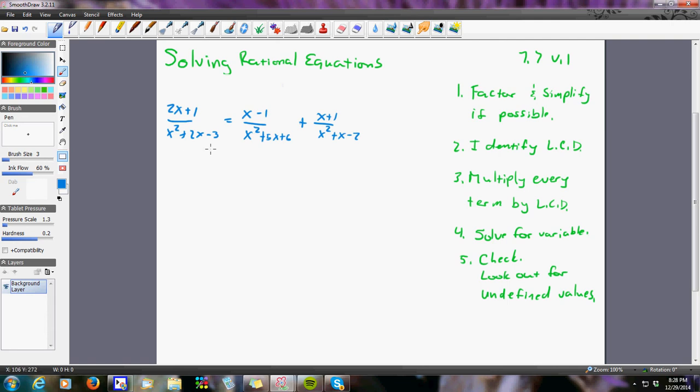I said factor and simplify if possible, so the first thing I'm going to do is factor. I get 2x plus 1 over x plus 3, x minus 1, because it's a trinomial. Here's another trinomial. I'm going to get x plus 2 times x plus 3. And here's my last one. I'm going to get x plus 2, x minus 1.